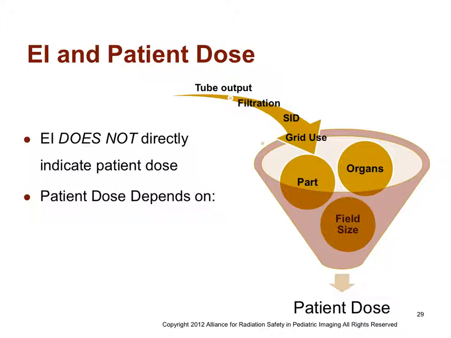There are so many different things that are going to indicate patient dose. So do not confuse patient dose with the exposure indicator value. Again, exposure indicator, or EI, is just the dose that the detector receives. In this particular system, that number for EI would correspond to what that detector exposure actually is.